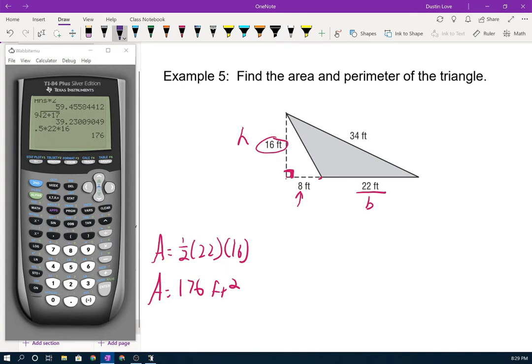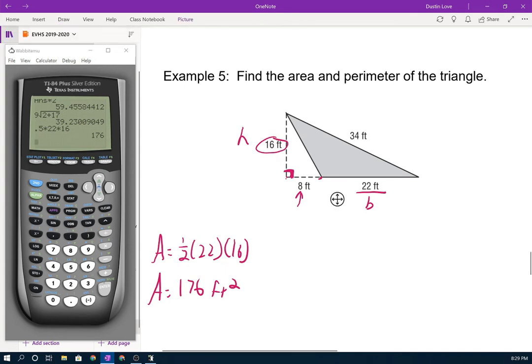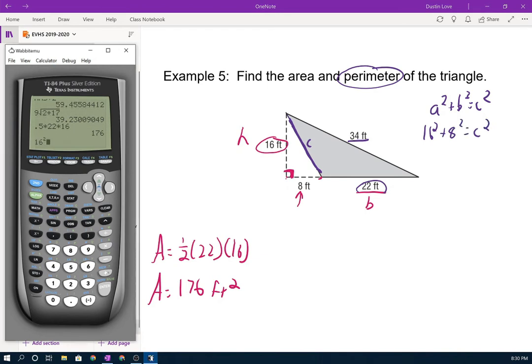Now, this one also asked me to find the perimeter. For the perimeter, I already know a 34 and a 22, but I don't know the length of this slanted side. Got to use the Pythagorean theorem on that to find it. A squared plus b squared equals c squared. This is going to be c. 16 squared plus 8 squared equals c squared. 16 squared plus 8 squared is 320.